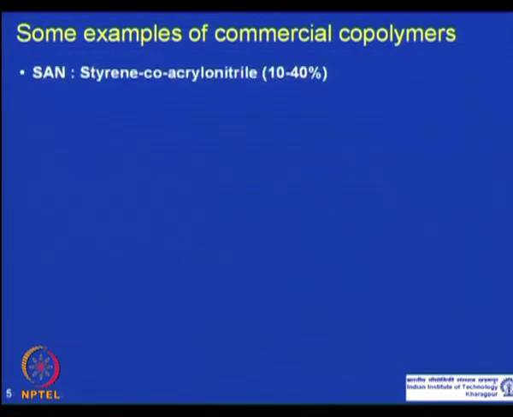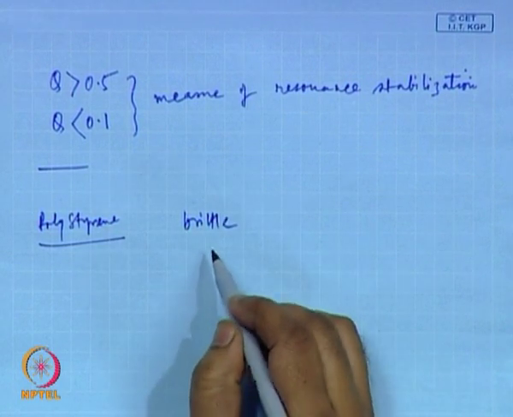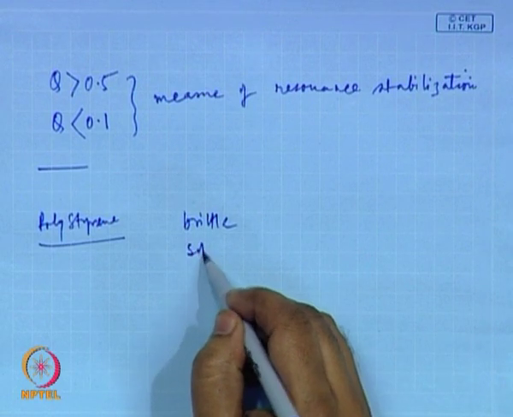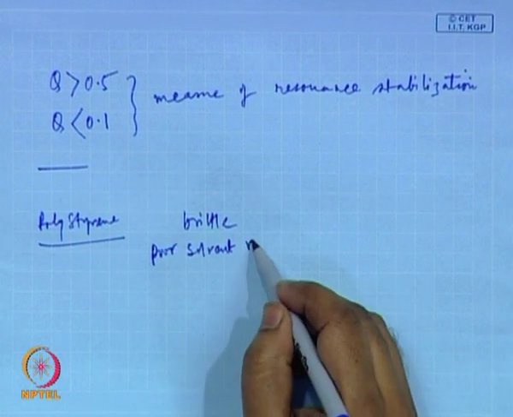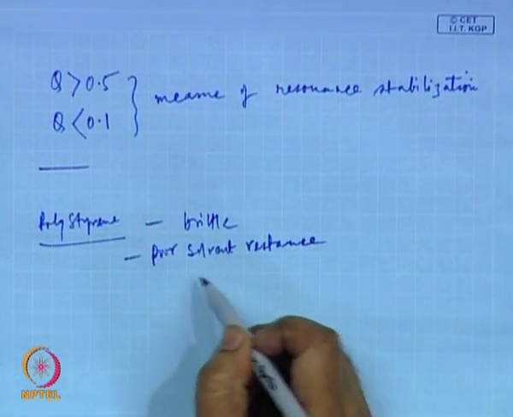Some examples of the commercial copolymers. As we said earlier, styrene homopolymer, or polystyrene, is a very brittle polymer which breaks easily, and also has very poor solvent resistance or chemical resistance.